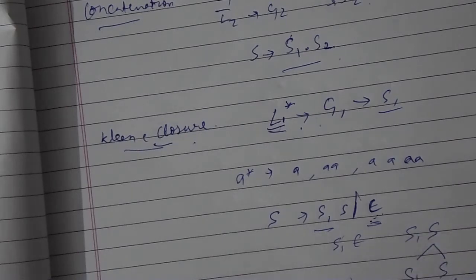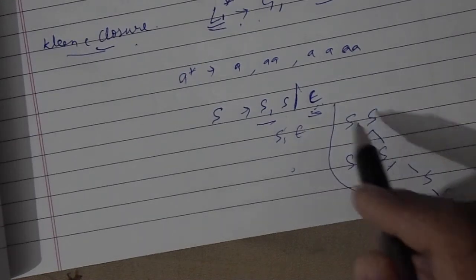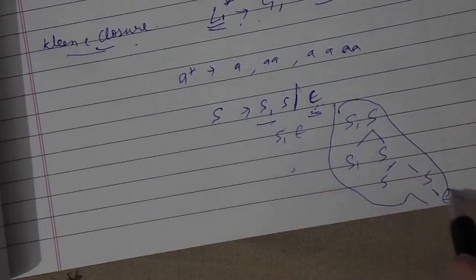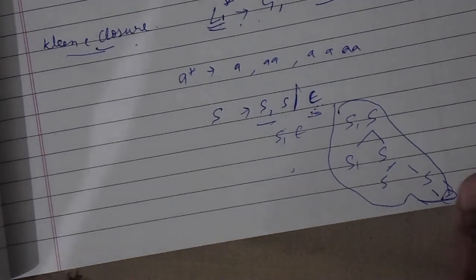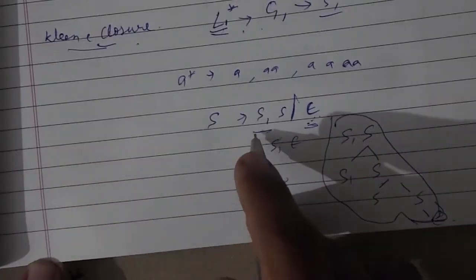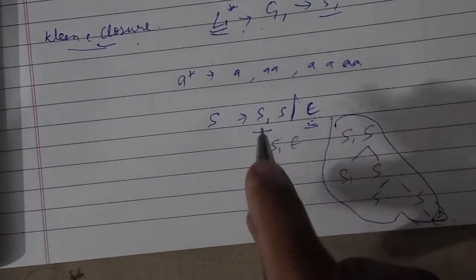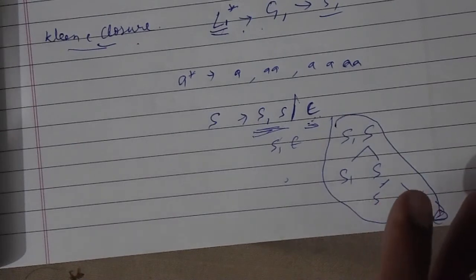So here you can see that I have created a string up to length 3. So I can say that this is also closed under Kleene closure property. You can generate any number of strings you want. By this I can say that this is also closed under Kleene closure.